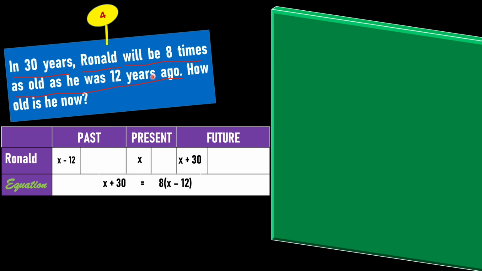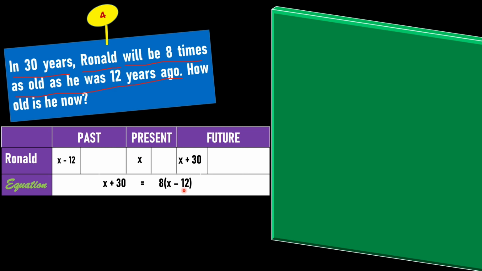So here's the equation. In 30 years, Ronald will be 8 times as old as he was 12 years ago. So this is 12 years ago.